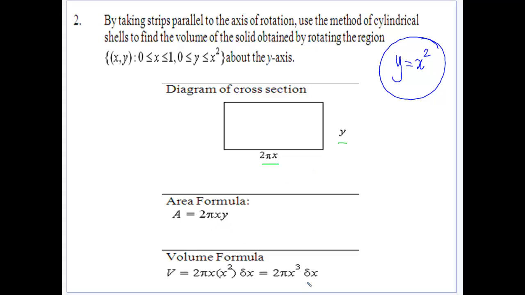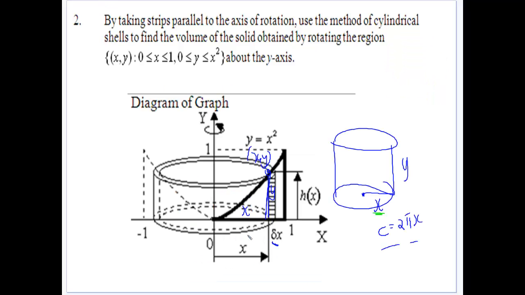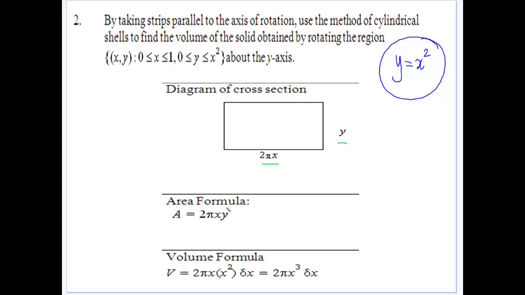And because it's going to be delta x this time, because we're rotating around the y-axis, our thickness is in terms of delta x. Okay, when we rotate, we take our thickness parallel to the axis of rotation, which is x is equal to 0. So 2 pi xy, and y is equal to x squared for our function.